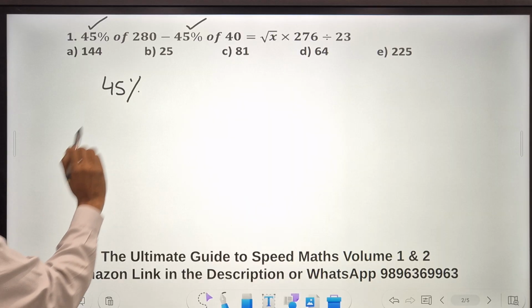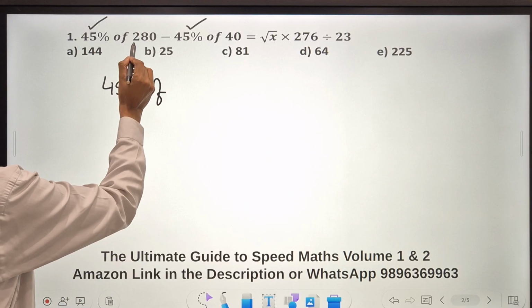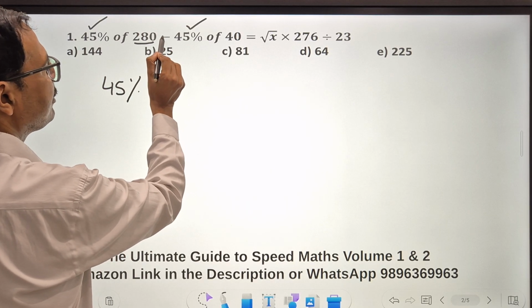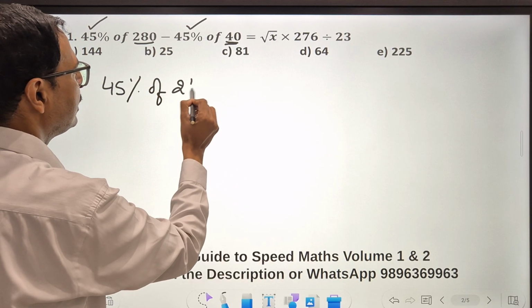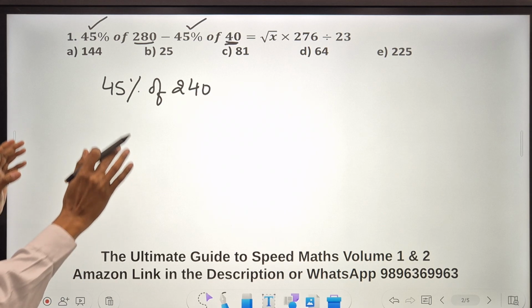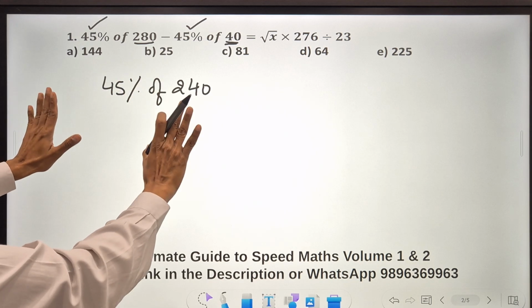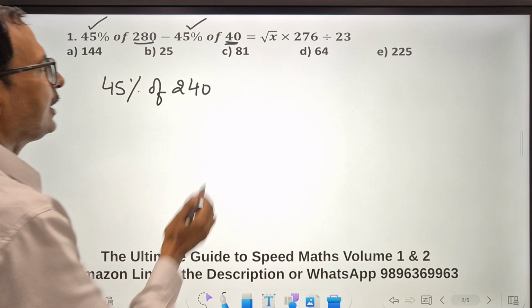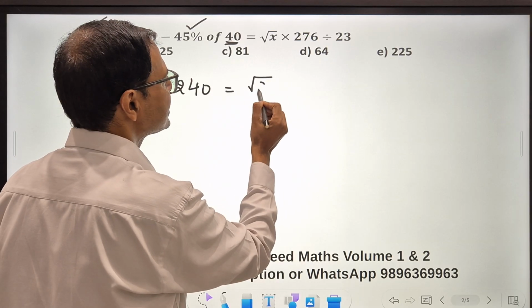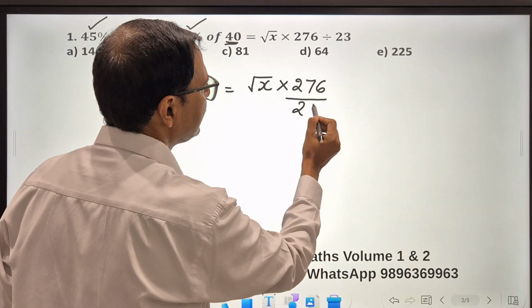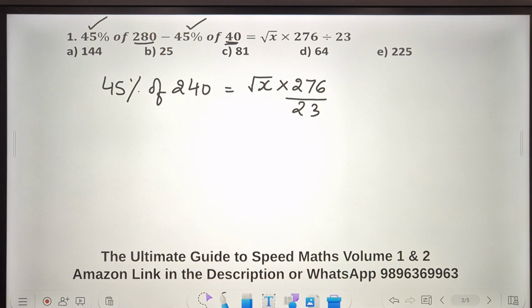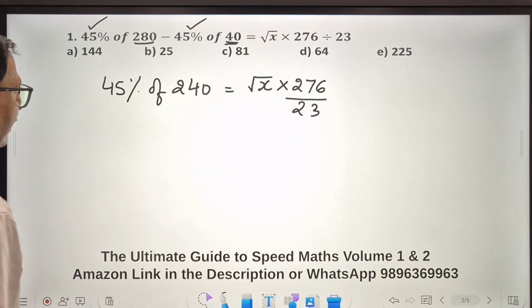Now just subtract. Here we have a minus sign, right? So 280 minus 40 is 240. So the left hand side is practically 45% of 240. And on the right hand side, we have root x times 276 divided by 23. Right. So 45%. So what should I do with this 45%?